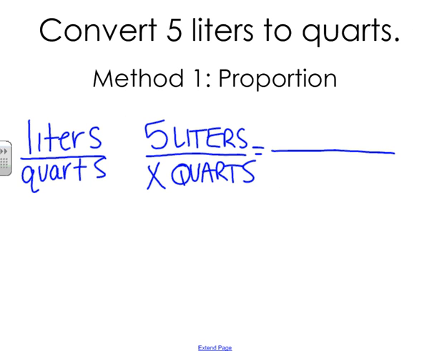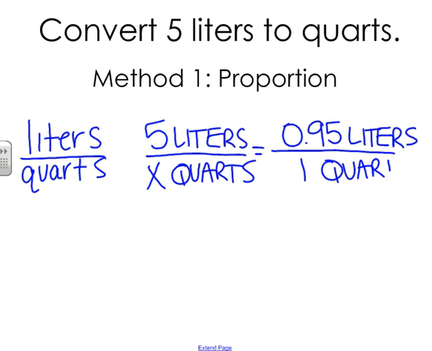So I'm going to still line this up so that liters are in the numerator and quarts are in the denominator. Notice how the second ratio is equal to 1 if you were to divide it because those two measurements are equal to each other. Now that we have our proportion set up, we can use cross products to solve.